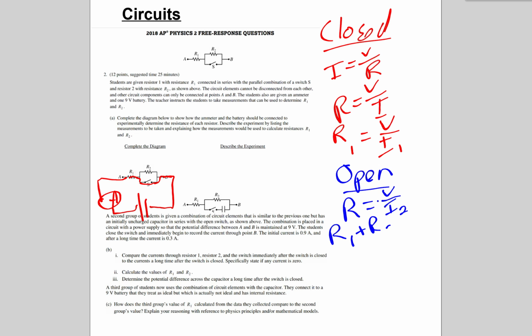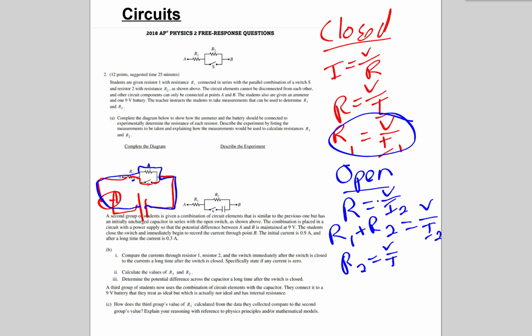When the switch is open, we just have R1 and R2 in series. It's going to go through the ammeter, through R1, through R2, and back to the battery. Nothing's going to go through the switch. So it's R1 plus R2 equals V over I2. All right? And since we know R1 from here, we can solve for R2. So R2 equals V over I2 minus R1. There we go.